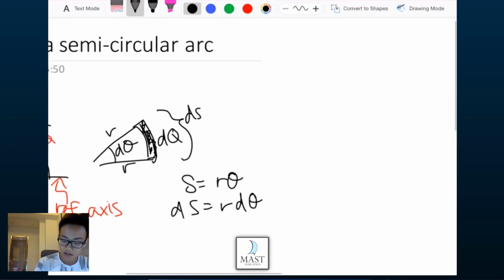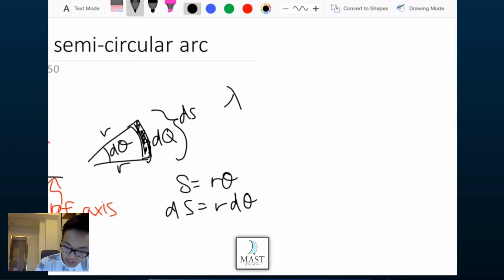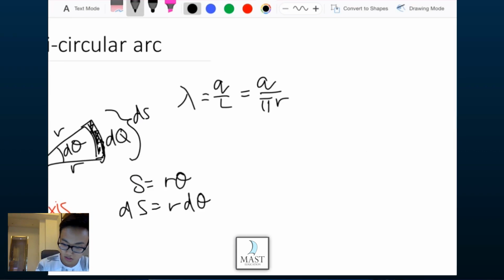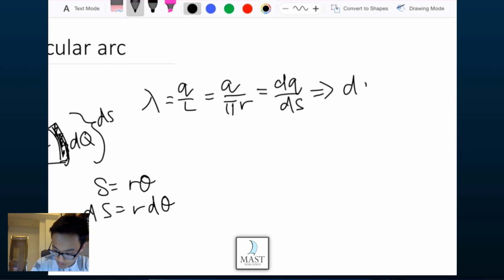And we also know that lambda, or the linear charge density, is equal to q over L. And in our case, our charge is q, and our length is pi r, because it is half of a circle, which will equal dq over ds. And from there, we can find out that dq is equal to lambda times ds.